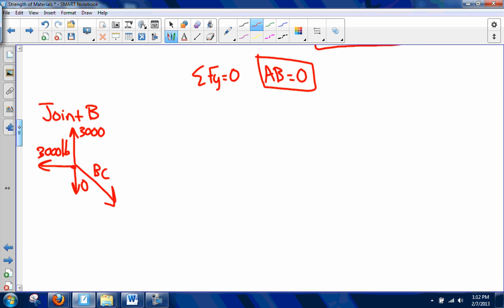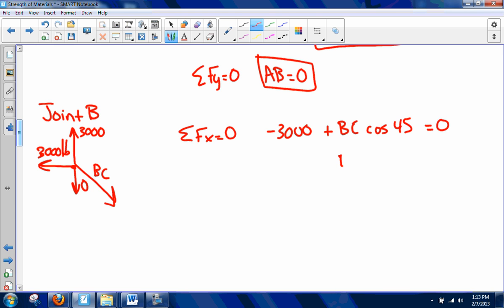Okay. So I'm going to go ahead and do sum of the forces in the X direction. They need to equal 0. I've got 3,000 going to the left, so minus 3,000. And I've got BC going to the right, so plus BC. But it's only the part of BC that's in the X direction. Now, this is an equilateral right triangle, so that means the interior angles are 45, 45, and 90. So to get the X part, I'm going to do BC cosine 45 minus 3,000 equals 0.